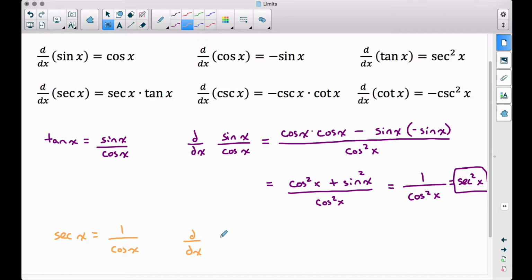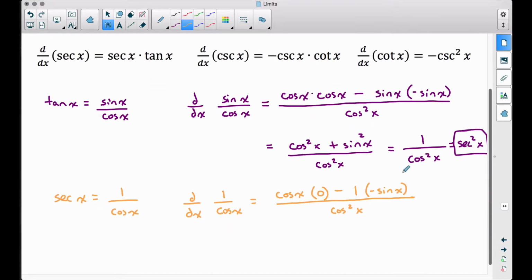So d dx of 1 over cosine of x is equal to, we take our low, cosine of x, d high, the derivative of the top is 0, minus high, d low, the derivative of cosine is negative sine of x, and this is all over low low. So we have cosine squared of x.